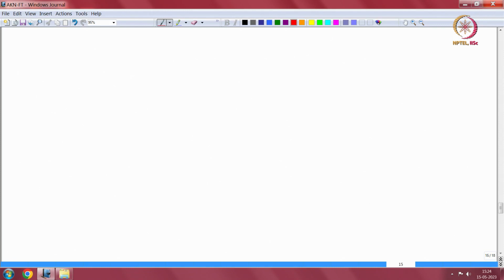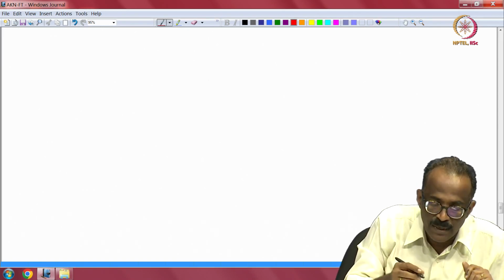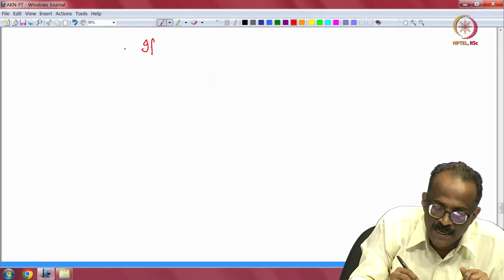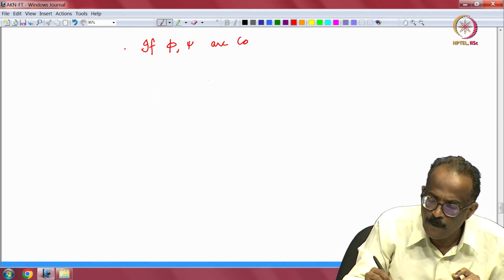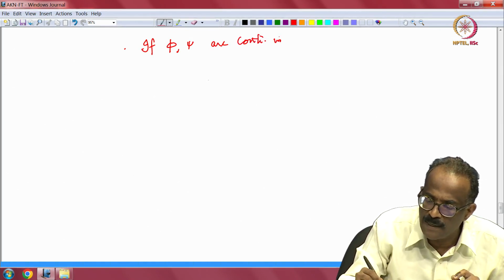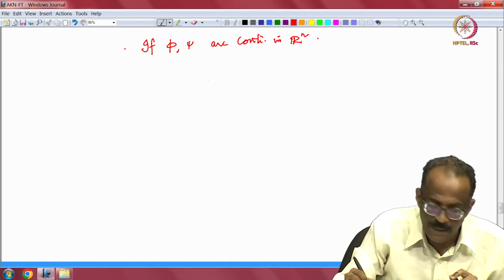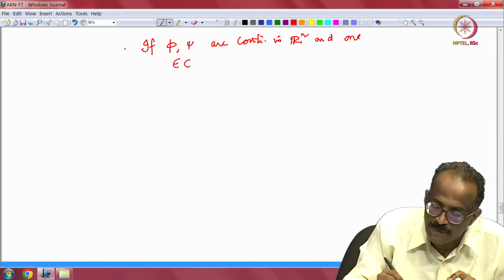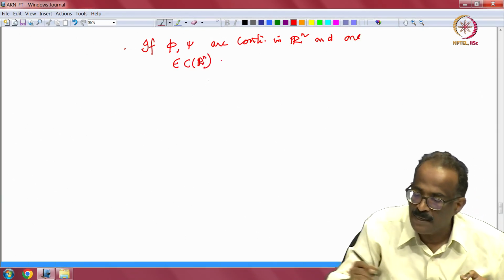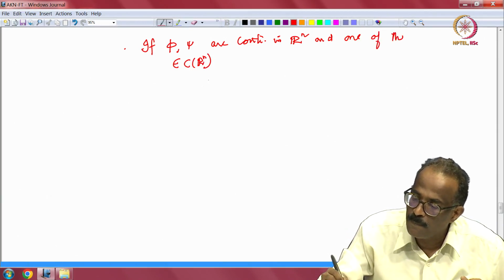Maybe one last property, I will prove it tomorrow. Let us see, suppose phi and psi are continuous in Rn, that means they are all in C of Rn, continuous functions in Rn, and one of them has compact support.